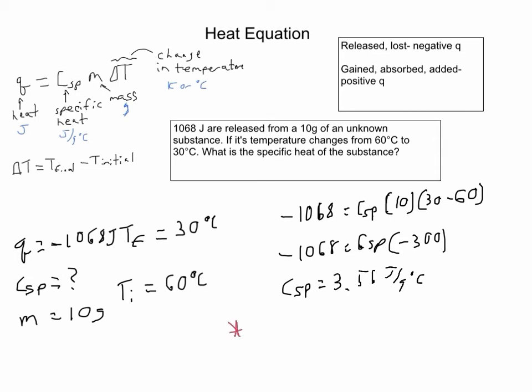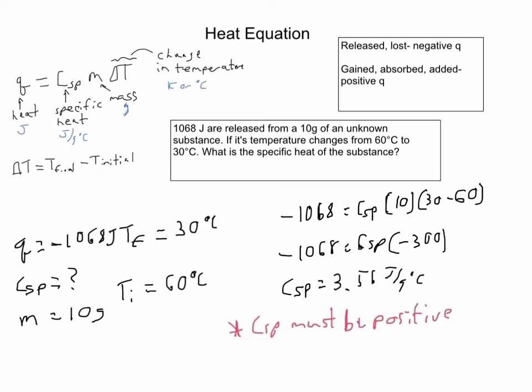Note, specific heat must be positive. This means if you got a negative number here, you did something incorrect. So go back and check your order of your T final and T initial, as well as whether your energy should be negative or positive. But specific heat must be positive.